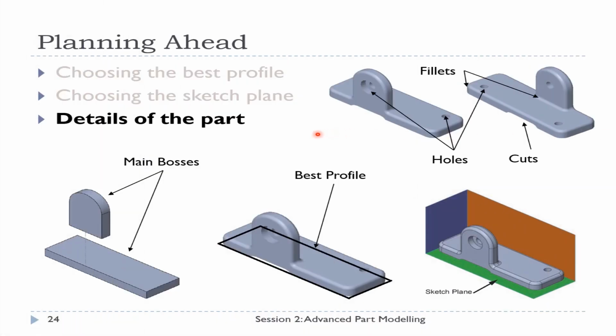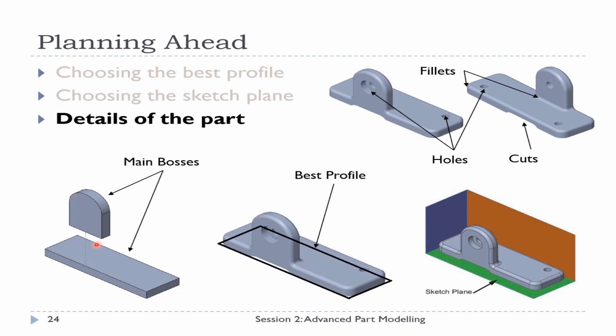And the final step is looking at the details of the part. So let's have a look at this example here. Effectively, this part has two main bosses.